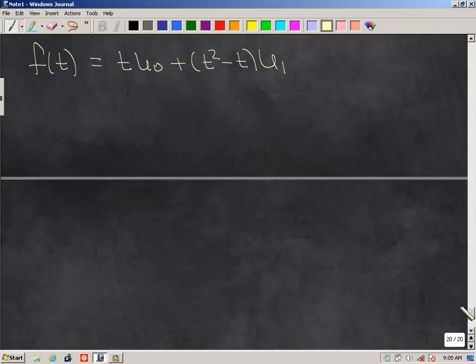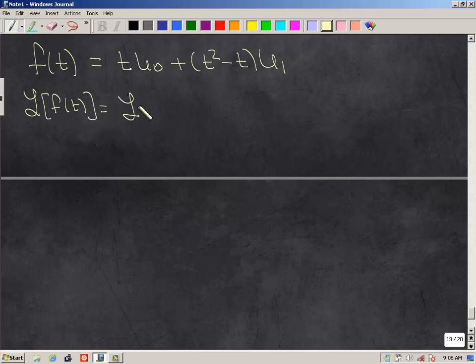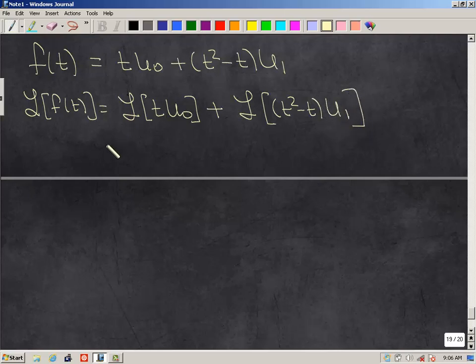Now we're going to take the Laplace of this. So we get Laplace of t u naught plus the Laplace of t squared minus t times u1. In the first case, this is my function g, and a is 0.